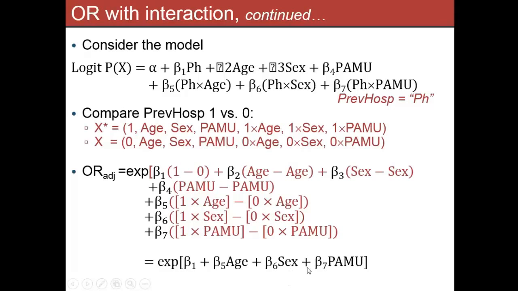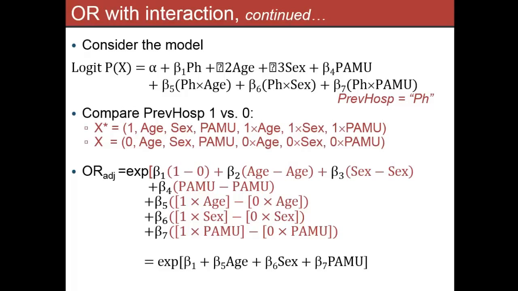When there's an interaction model, all of the terms that are not multiplied by the exposure go away. So age by itself, sex by itself, PAMU by itself, those have all disappeared. And what's left are the terms that only involve the exposure. So this is now a single expression that depends on age, sex, and PAMU values to be specified by you, and then it will give you different odds ratios depending on what you've put in.